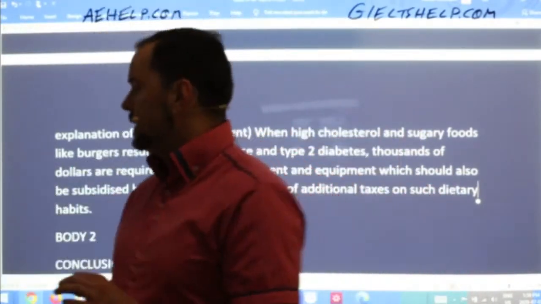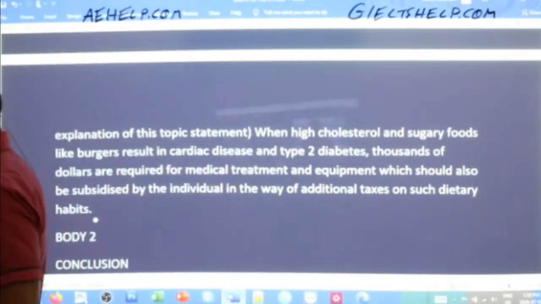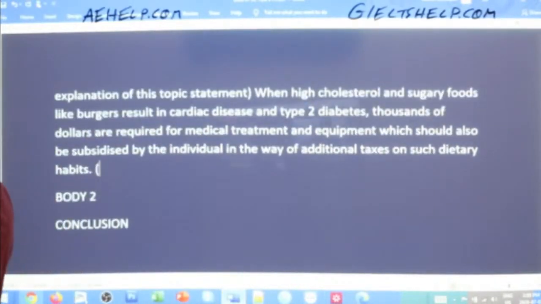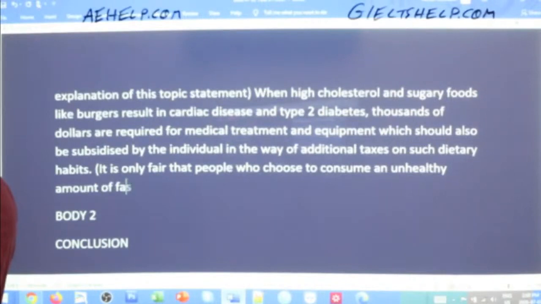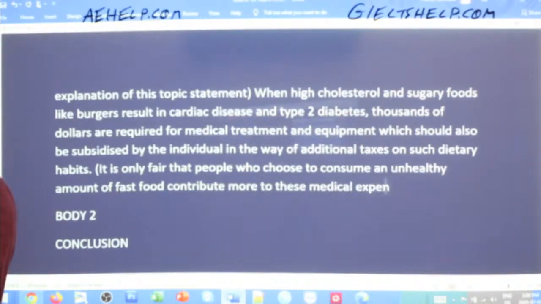Okay, so this is where a lot of students, I'm just going to write that here in parentheses, Abhishek. So it is only fair that people who choose to consume an unhealthy amount of fast food contribute more to these medical expenses. Okay.